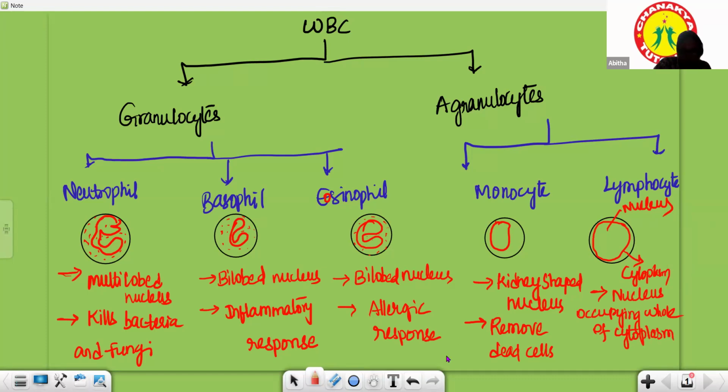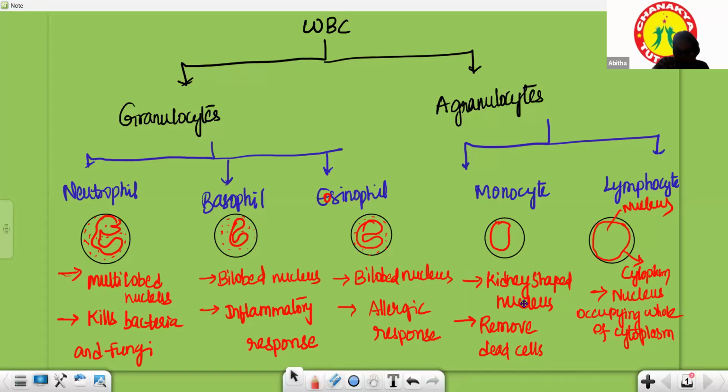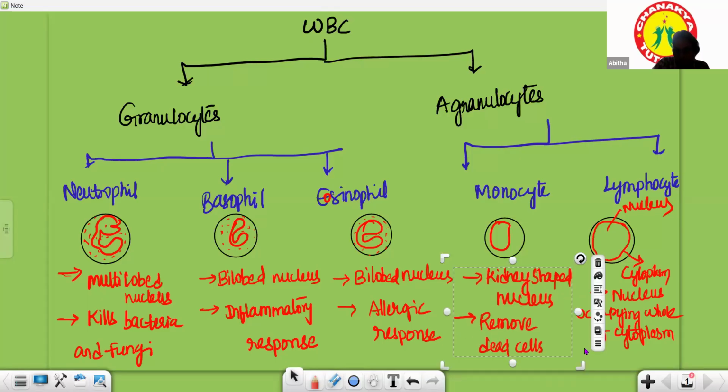And the function is that it makes antibodies.